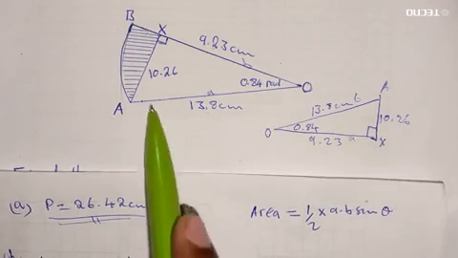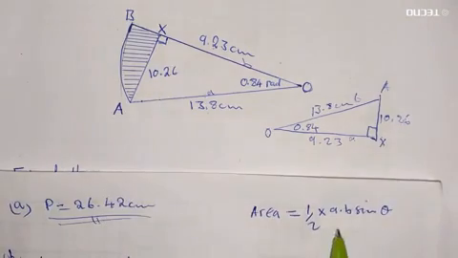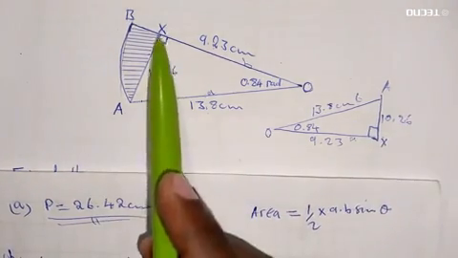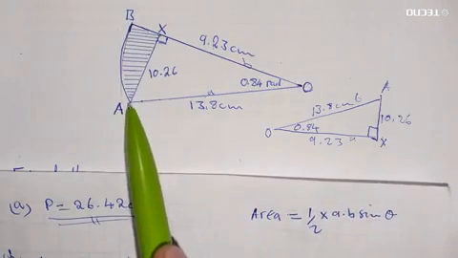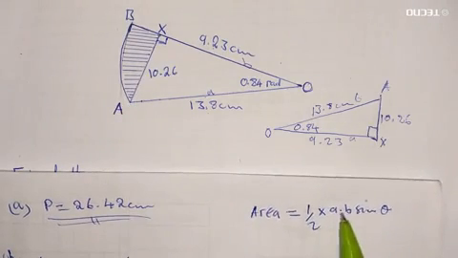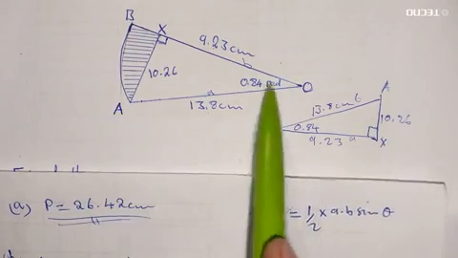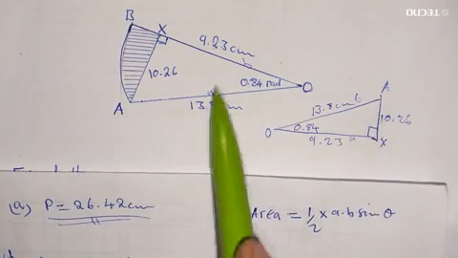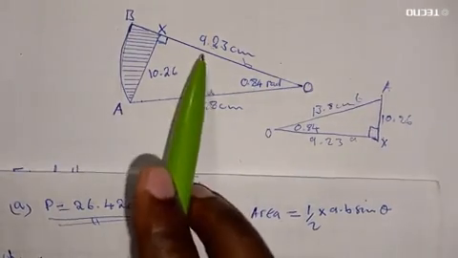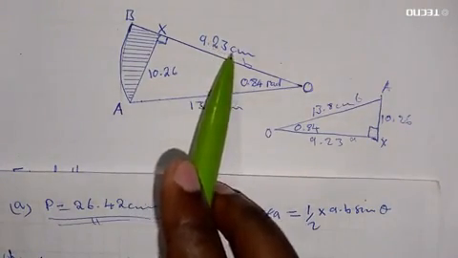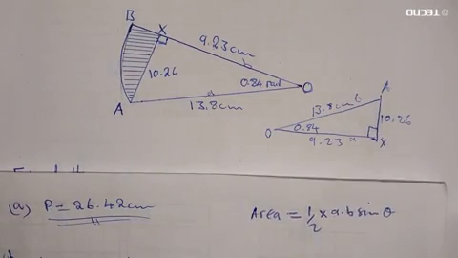When you use this formula for sine, you are not going to include the half BH. You put this side, you get 13.8. Then the other side, you get 9.23. Then you need to find the same answer.